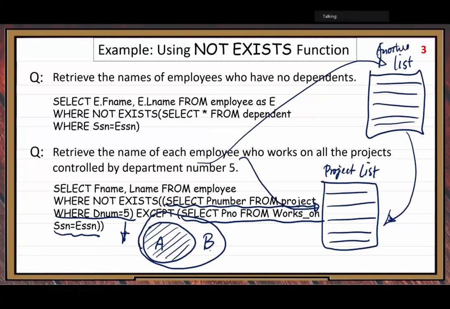So these two sets have this relationship. Then we use set A except set B. Is it empty? Empty set, we use this notation.